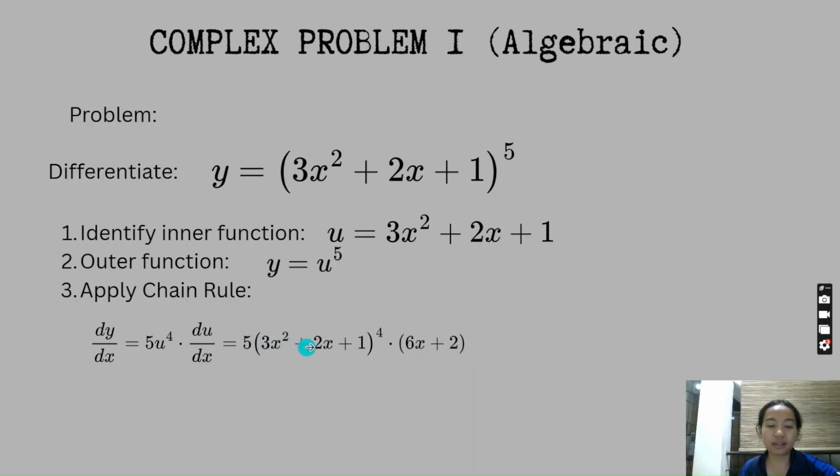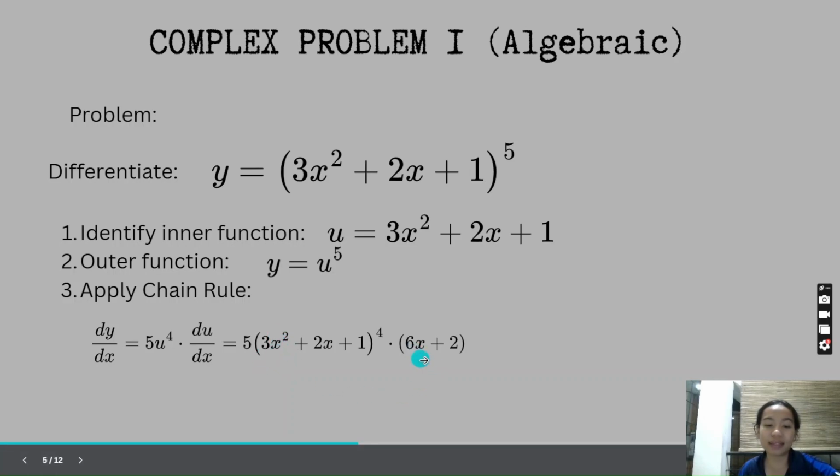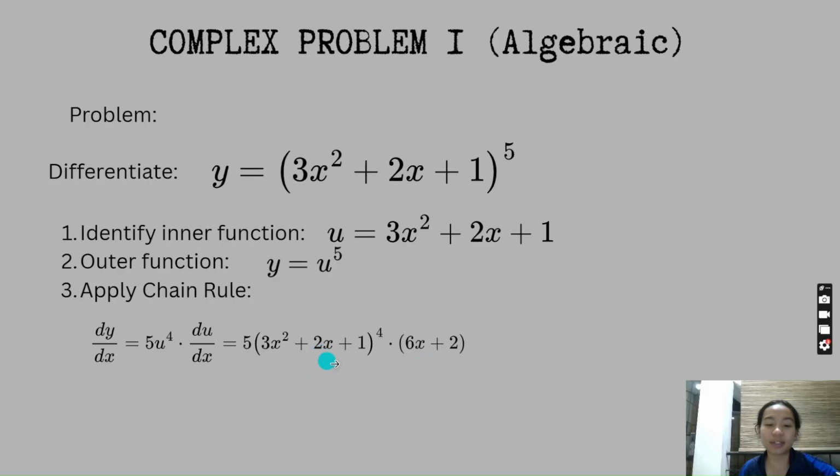We know that the way of getting the derivative of this is simply applying the power rule: multiply the power by the leading coefficient, 3 times 2 is 6x, and the power is subtracted by 1, so 2 minus 1 is 1. So now it becomes 6x, and the derivative of 2x is 2, and the derivative of 1 is 0.